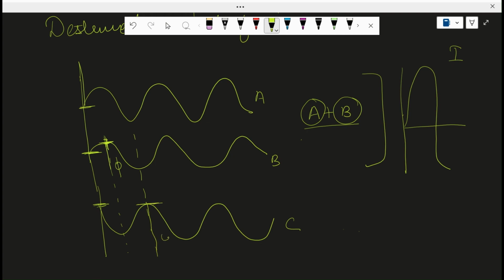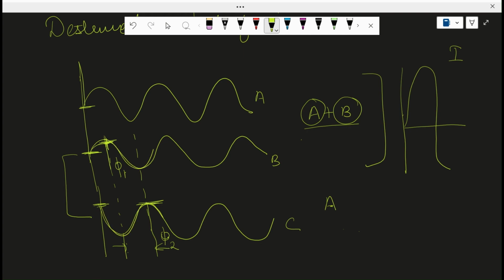Sorry, this phase it obtained here, phi 1. This phase it obtained here, phi 2. So the difference is phi 2 minus phi 1. Because these are completely out of phase, this is going like this and this is following an anti-path.